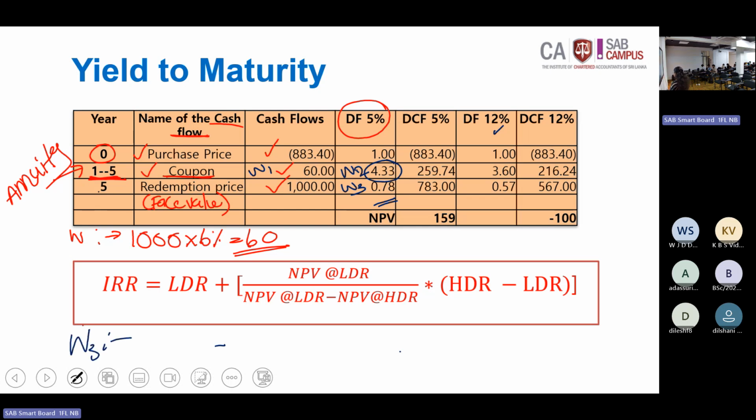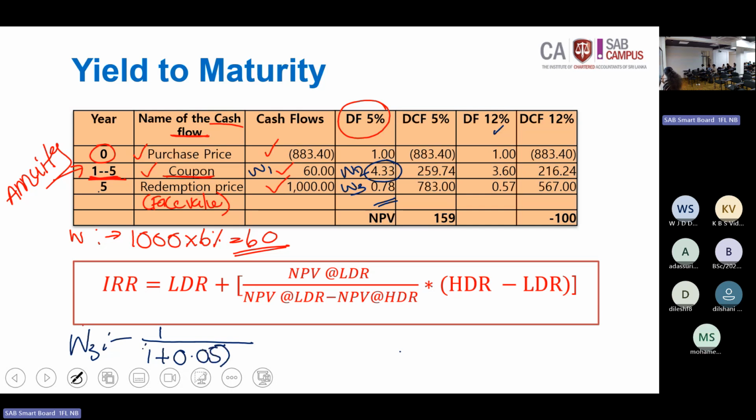W3. Working number 3. Right? 1 divided by (1 plus R), 0.05 to the power... Can anyone explain the power? What's the value that should be there? Very good. It's 5.